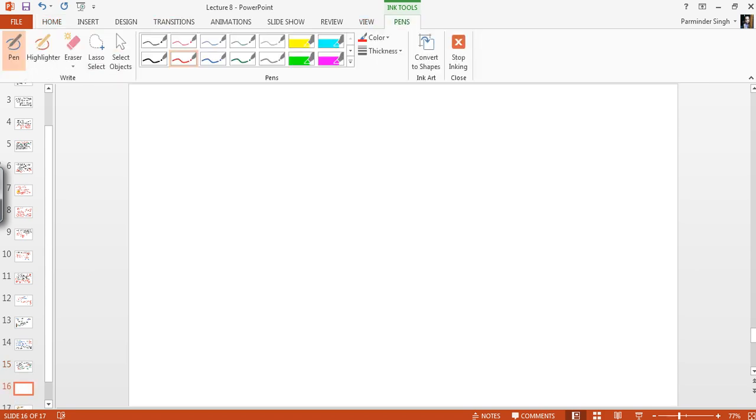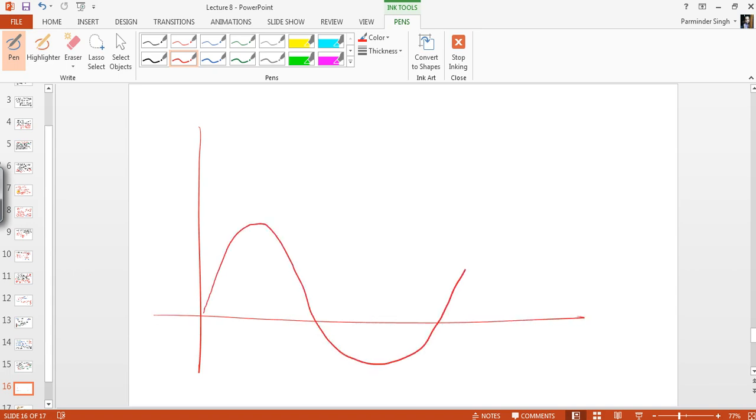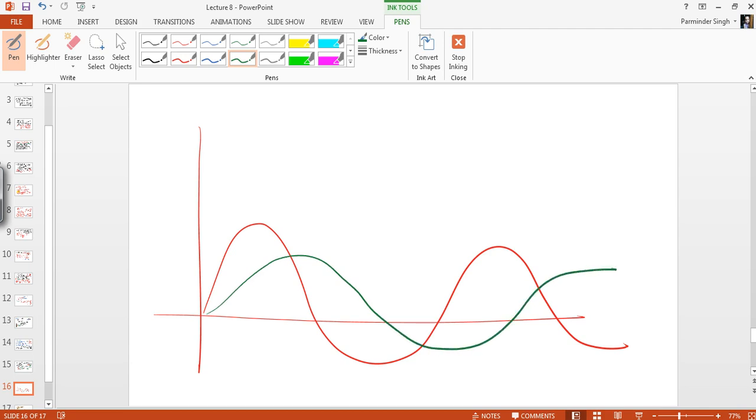Let me show you graphically again. If this is the input, the output will have a smaller amplitude. Clear?